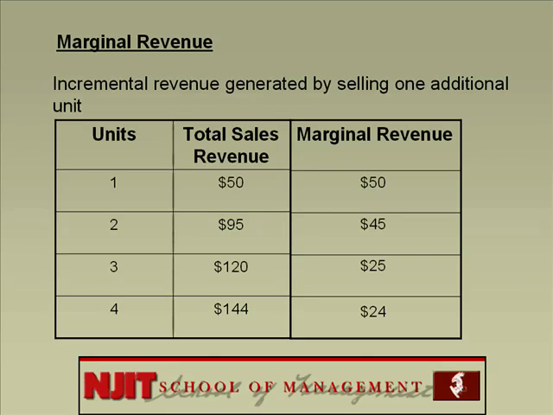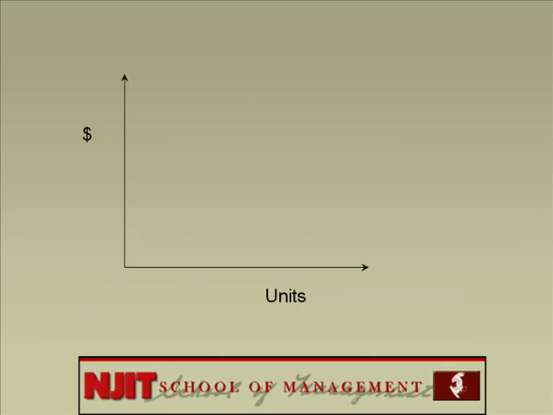Now, if you draw a graph, it's been proved that marginal revenue decreases as you sell each additional unit. So if you draw a graph, it'll look like this. That's marginal revenue.